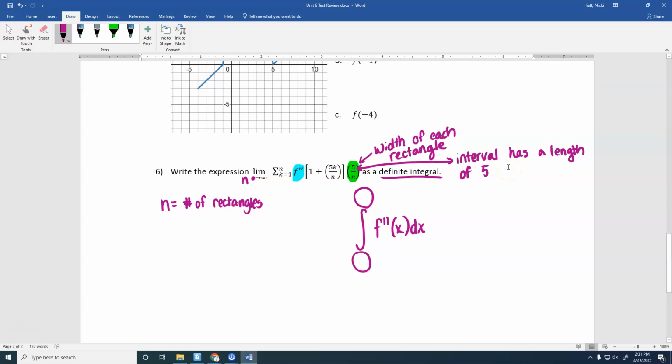To know what number it starts at and what number it's going to end at, if you're doing the summation right here, at the beginning you would be plugging in 1, and then you plug in 2, 3, 4, 5, 6, and so on. But we really want to know the beginning and the end. So if I plug in 1, I'd have 1 plus 5 times 1 over n.